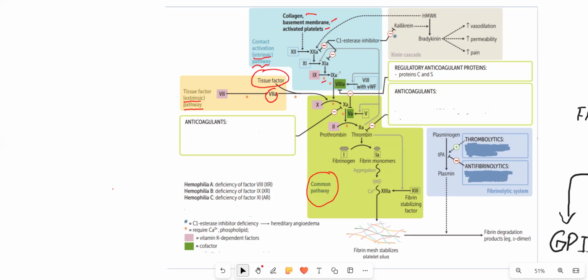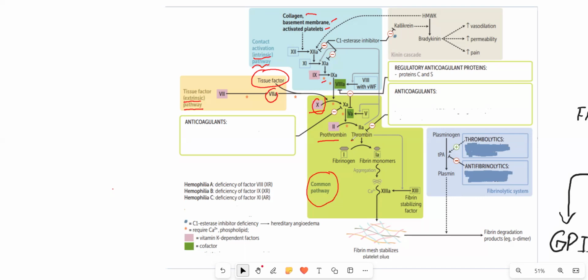Okay, so factor 9a then ultimately reacts with activated factor 8a and converts factor 10 to factor 10a. Again, this factor 10a in the presence of factor 5a converts prothrombin, that is factor 2, into activated factor 2a, thrombin.